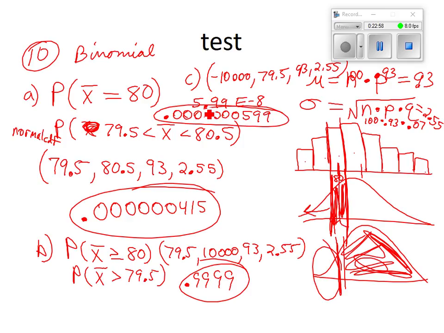So what's the chance that when we're picking these samples of 100 people, we get a sample that's less than 80? Very low. Very, very small. Very, very rare. We're not going to get hardly any samples. We should probably never get a sample where less than 80 people say they use the internet.